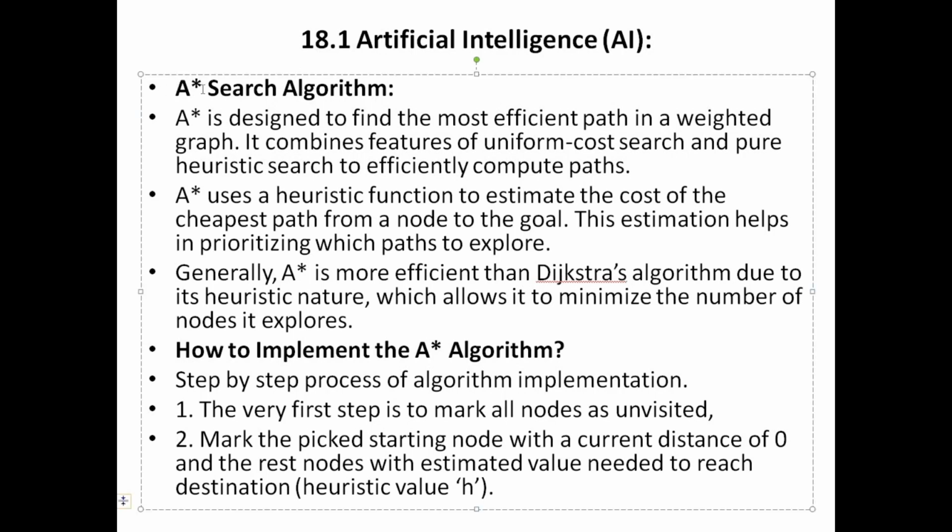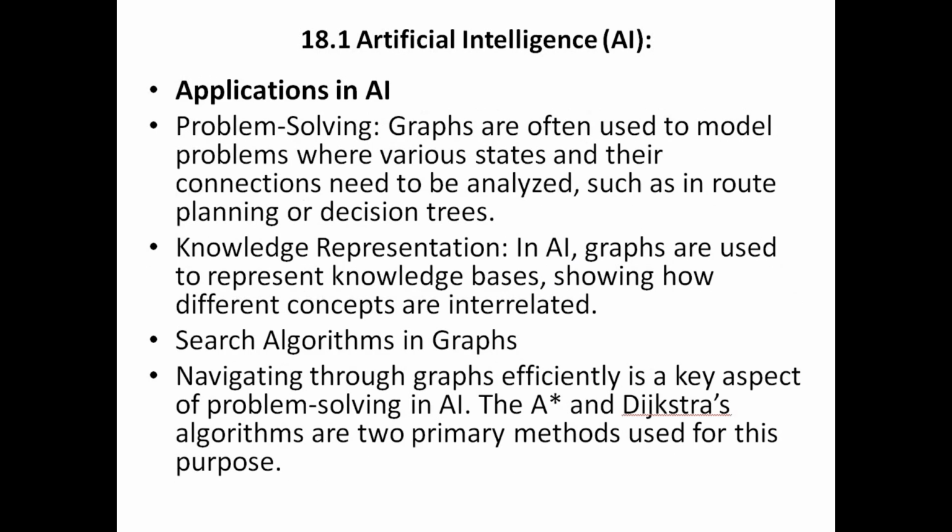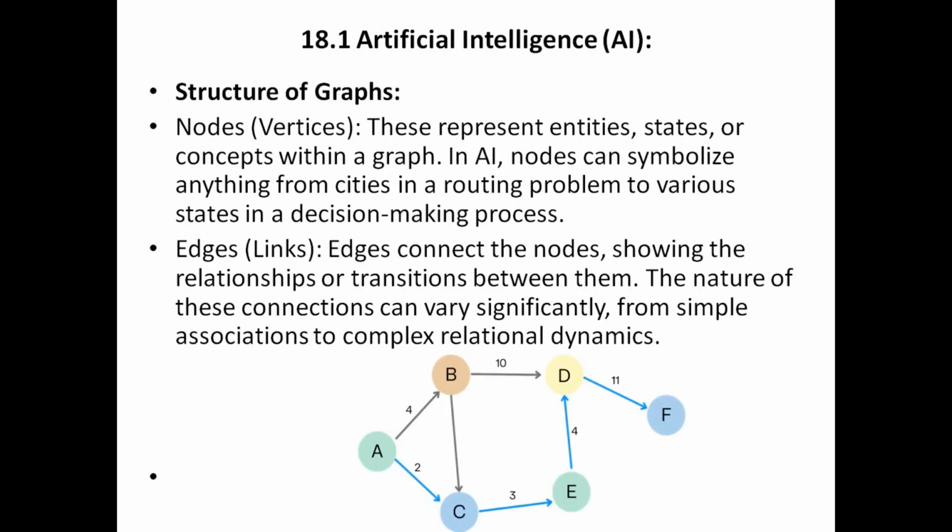First of all, let's discuss the A* search algorithm. It is designed to find the most efficient path in a weighted graph. Now graphs can be weighted or unweighted. Weighted means every node will have some value and every path will have a price, whereas an unweighted graph will not have those.